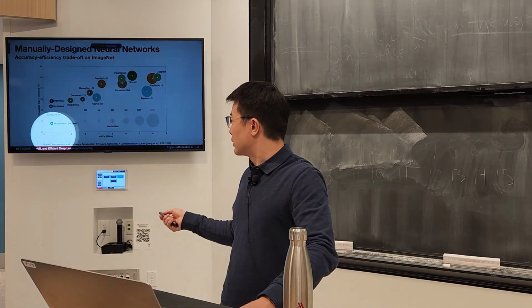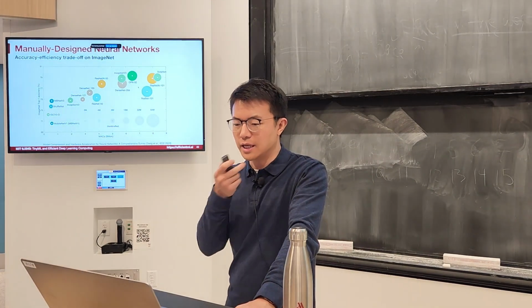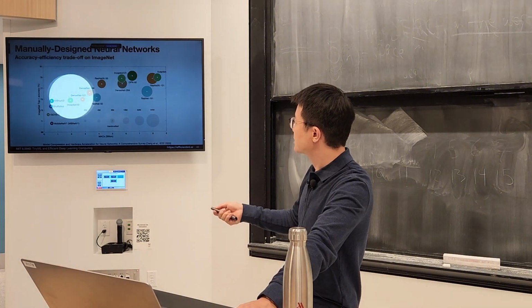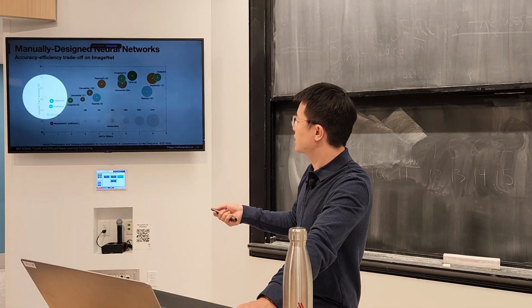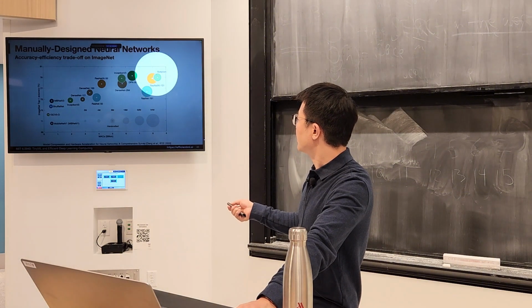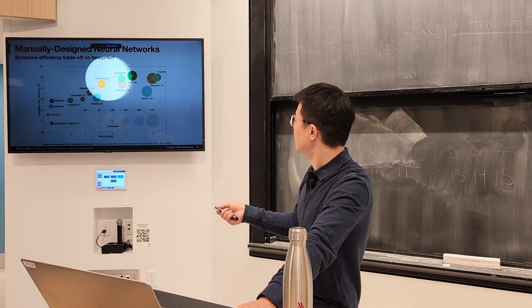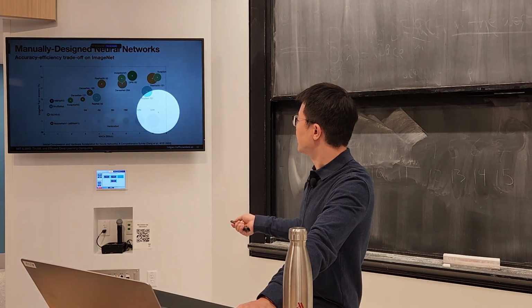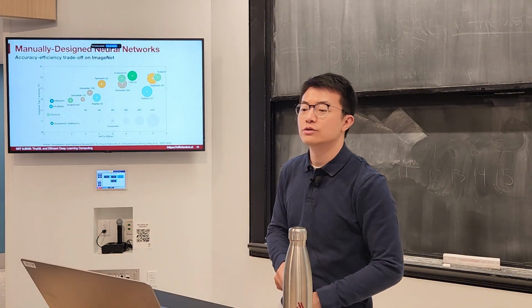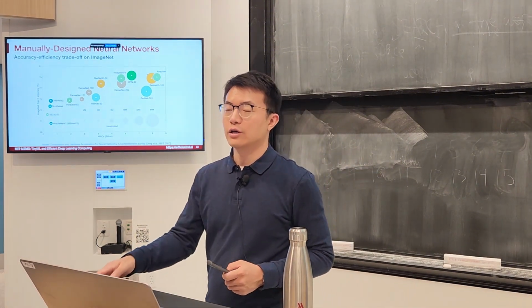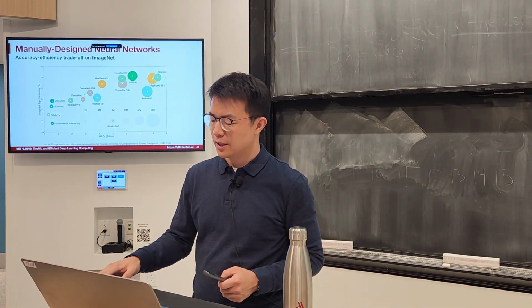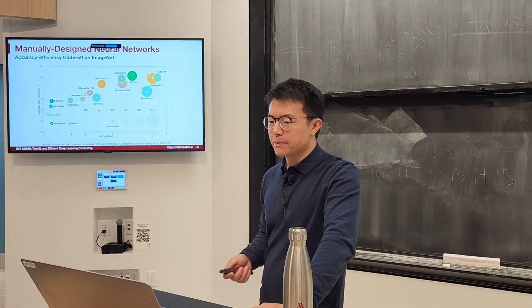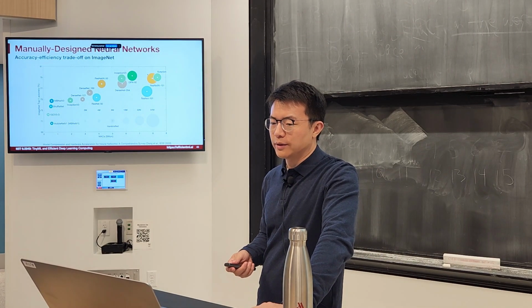So all these models are handcrafted designs. Like ResNet 50 is roughly 4 billion MACs with 76% top-1 accuracy. Xception, ResNet 101, ResNeXt 101 roughly 80% top-1 accuracy, 80 billion MACs. So there's no free lunch. Every increment in accuracy comes at the cost of FLOPs. What about automated design?